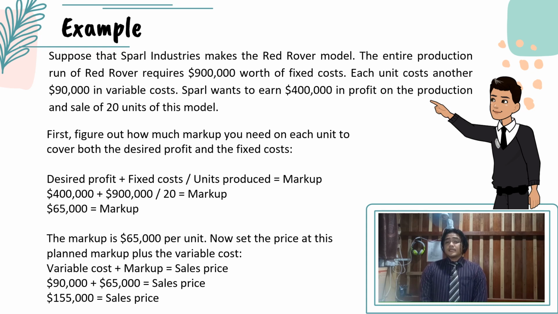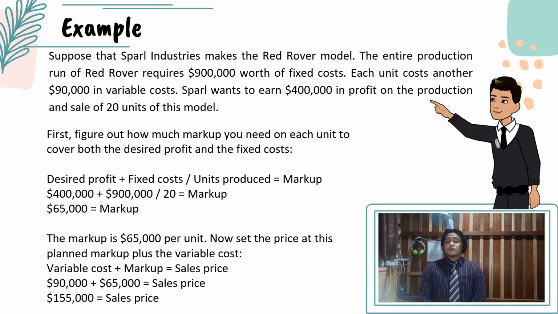Firstly, we need to figure out how much markup Spark Industry needs on each unit to cover both the desired profit and the fixed cost. For that, we know that the desired profit is 400,000 ringgit and the fixed cost is 900,000 ringgit.